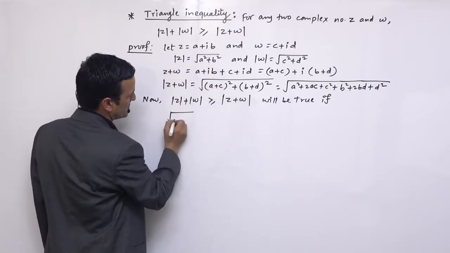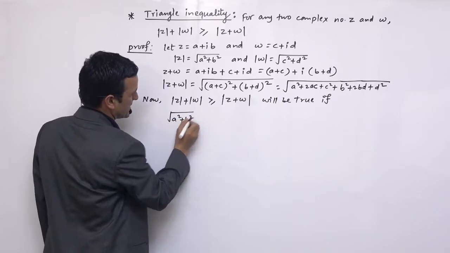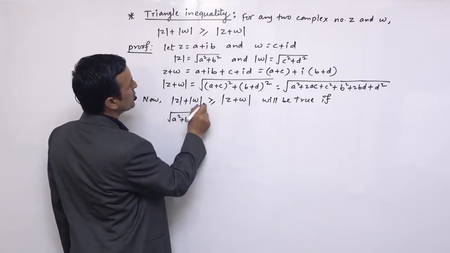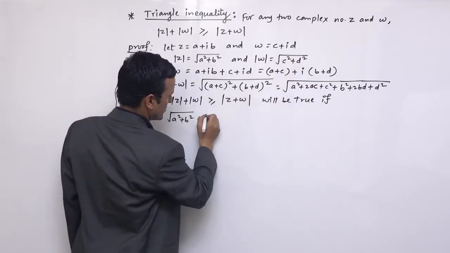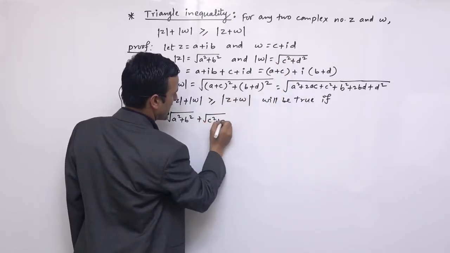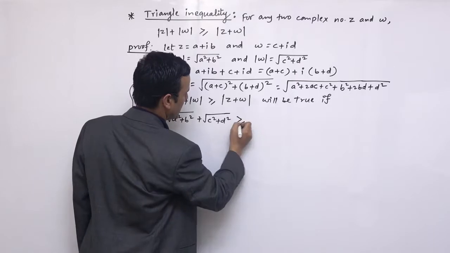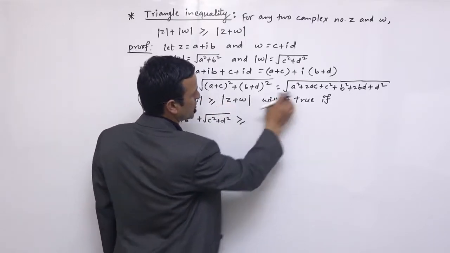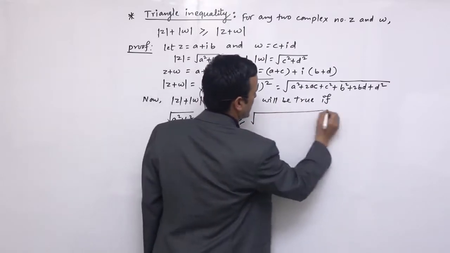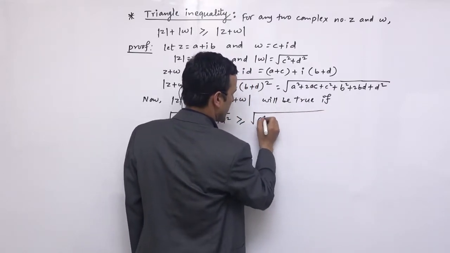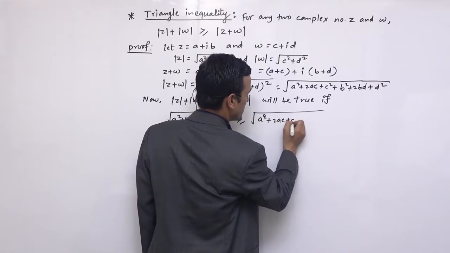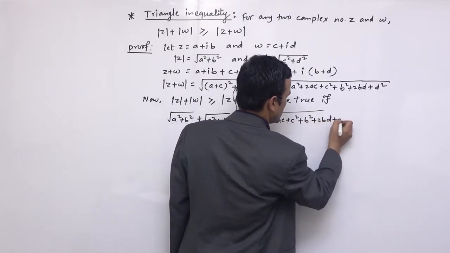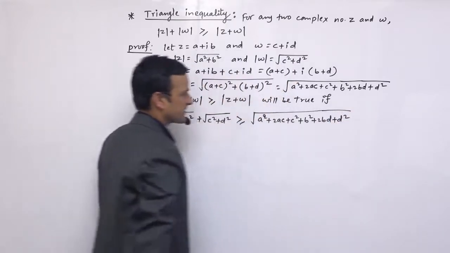So write down root under a square plus b square plus modulus w means this one, root under c square plus d square, is greater than or equal to the same. Modulus z plus w means this one: root under a square plus 2ac plus c square plus 2bd plus d square.